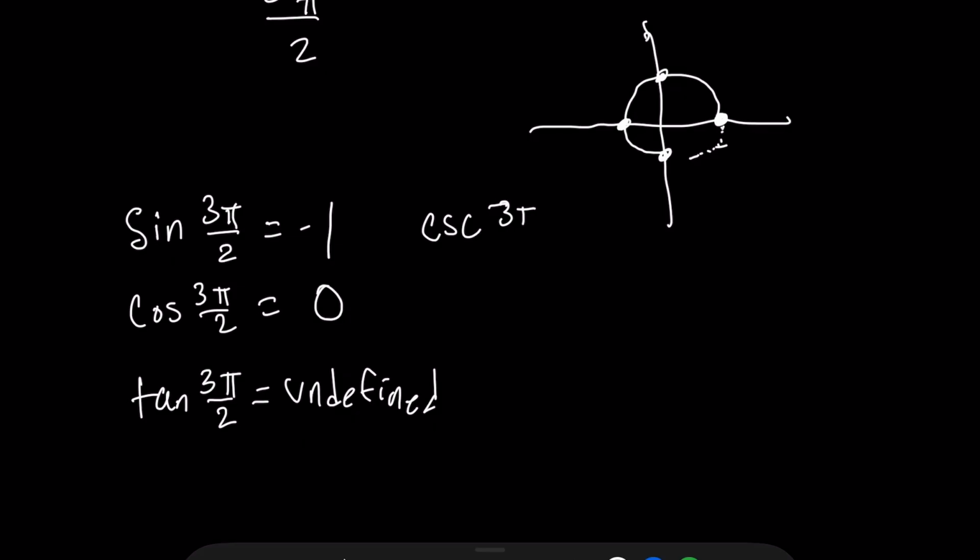Cosecant 3 pi over 2 is also negative 1. Secant 3 pi over 2 is undefined, because if you flip it, you also get something over 0, and that's undefined.